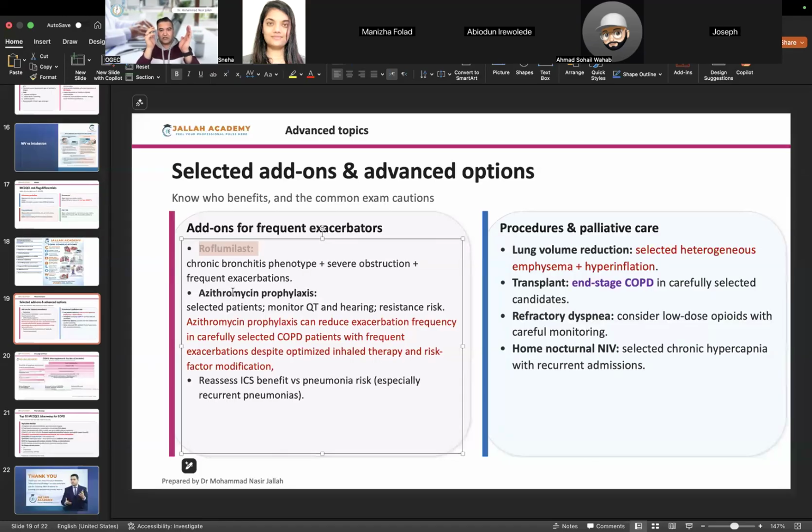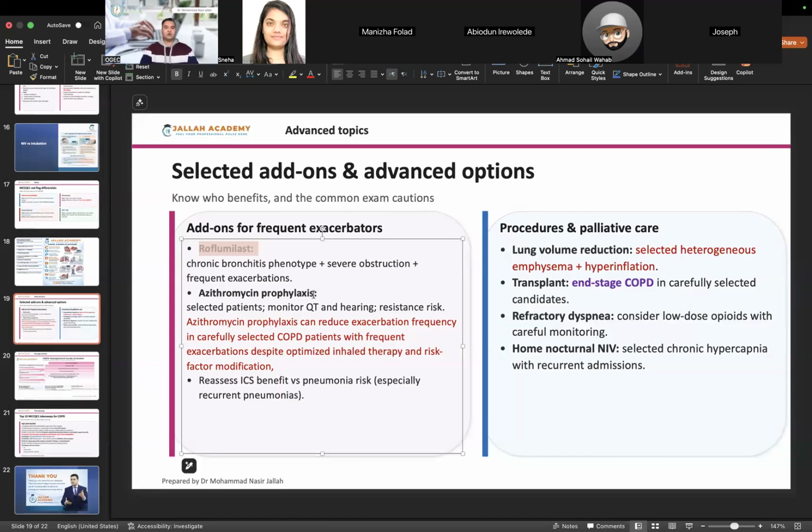Obviously the SABA is there, LABA, LAMA, and now the patient is having like 3 exacerbations, so it's frequent, and the patient phenotype is bronchitis, or the patient has a chronic productive cough for 2 or more years, and the patient has dyspnea. So in that case, this could be the best add-on medication.